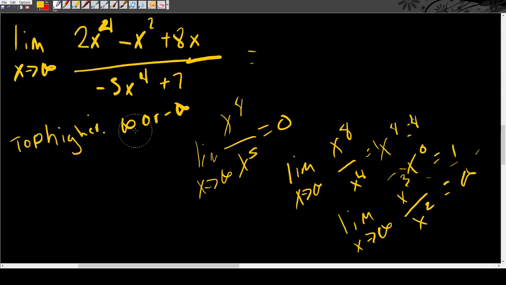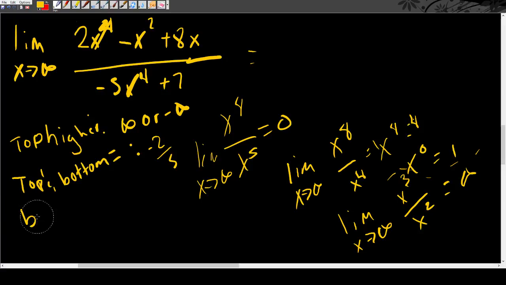If it's approaching infinity, it's infinity. If top and bottom are equal, then it's whatever your coefficients are. It's whatever the number in front of your x to the fourth or x to whatever is. So in this instance, it's just negative 2/5, because these cancel out.